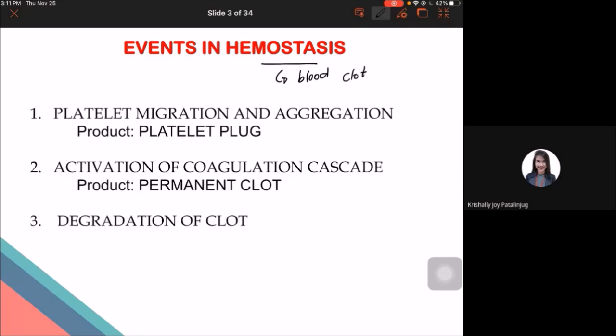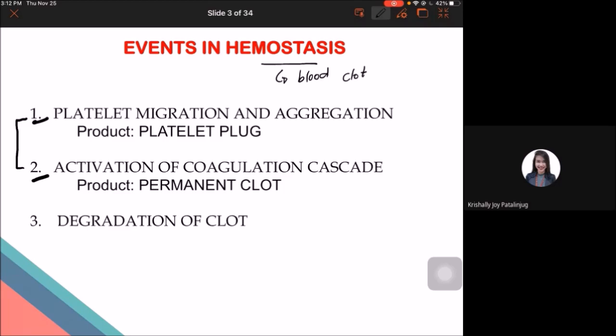Or to be able to form a clot. Now, there are two major events that would lead to clot formation sa katawan. So, these are number 1 and number 2. Naay involvement ni sila sa formation ng clot mismo.